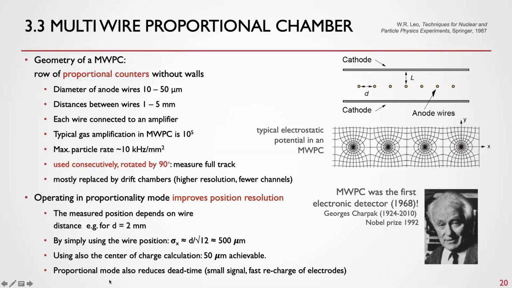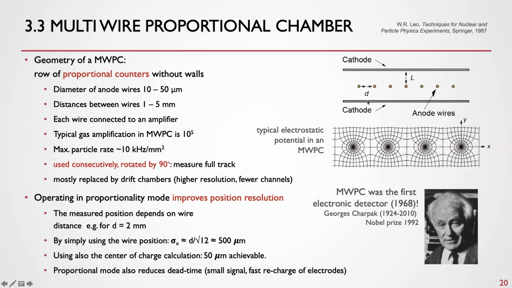Moreover, the proportional mode also reduces the dead time because the signal is smaller, but that's only the third advantage. Now, any particle physicist will jump in his chair if the resolution can increase by a factor of 10. That's just enormous. And it's only the operational mode of these detectors. So this is a huge jump forward.